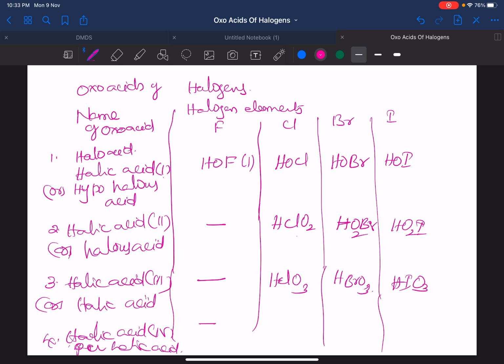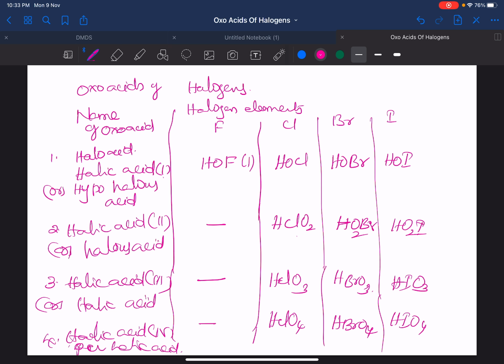Fluorine does not give perfluoric acid, but chlorine gives perchloric acid, HClO4, bromine gives perbromic acid, HBrO4, and HIO4 is called periodic acid. So these are the oxo acids of the halogens.